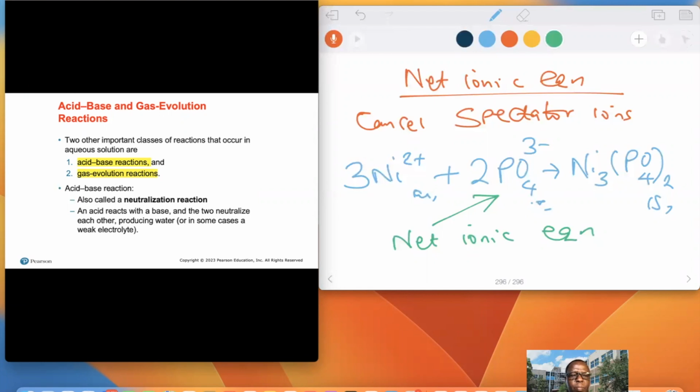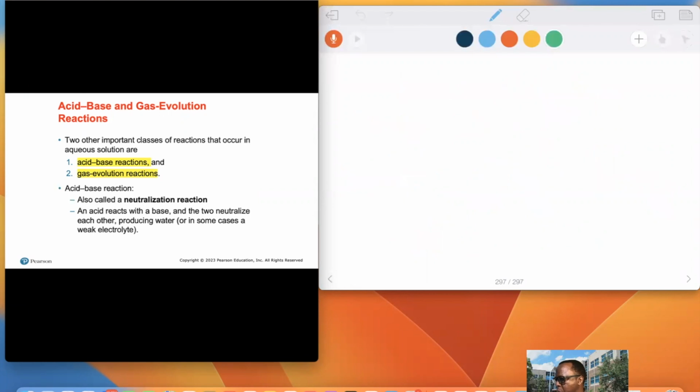Acid-base reaction sometimes we call neutralization reaction. And you need to remember that in acid-base, a salt plus H2O or just water. Let's just call this water.